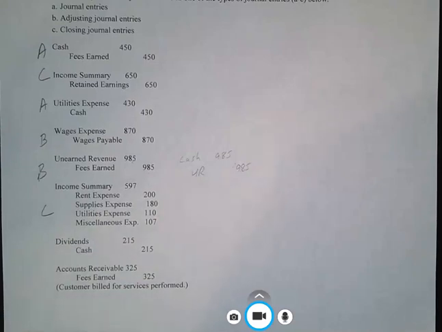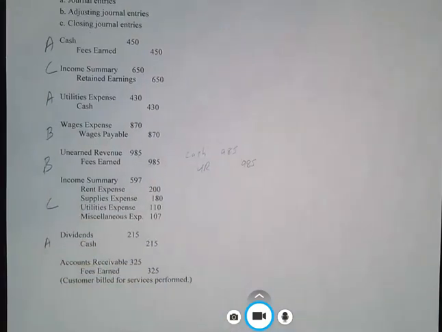Dividends and cash. We have a debit to dividends for $215 and a credit to cash for $215. This entry could have taken place at any point in time in the year. So we're going to assume that this is a regular journal entry. Well, I mean, that's what it is.